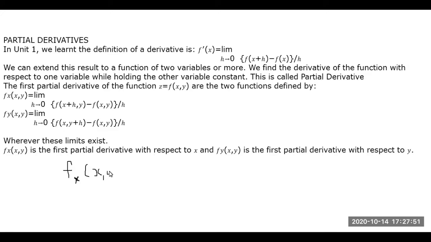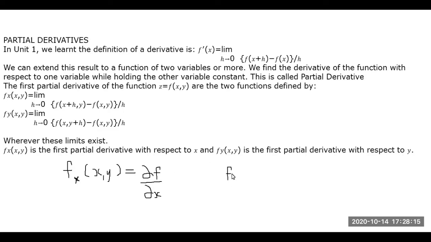So fx of x, y just means that we're differentiating the function with respect to x. We'll sometimes write it as dou f by dou x. They don't write d because it's a partial derivative. So we'll call it dou f by dou x, or sometimes it's just fx.